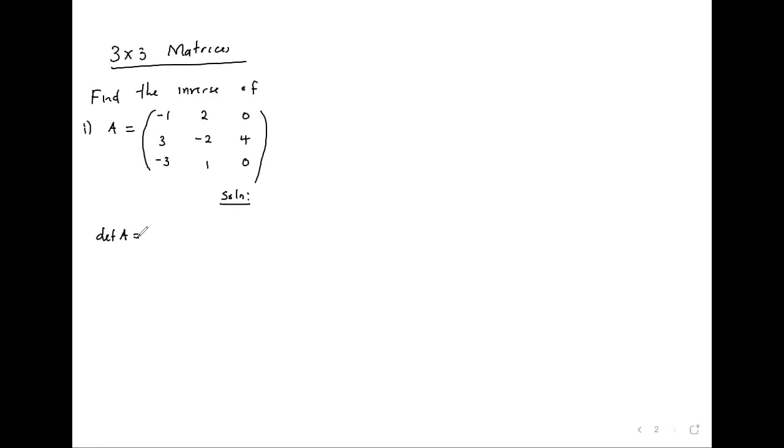You know, plus minus plus, so plus 0 is just 0, minus 4, and then cancel, you get 3 minus 6, and then 0 again. So together we have positive 12. If the determinant is not 0, then you can proceed to getting the cofactor matrix.